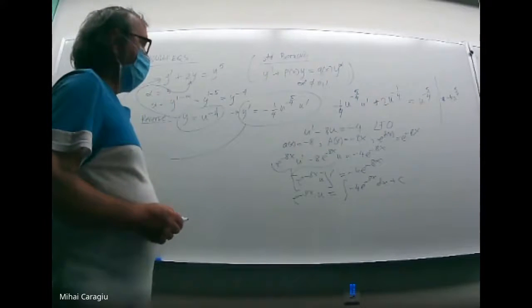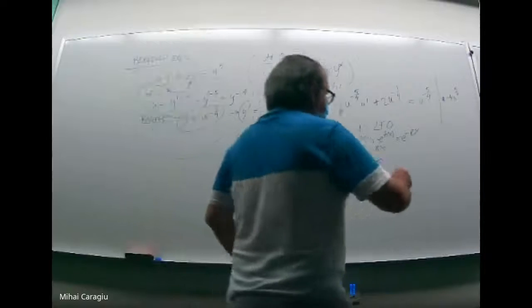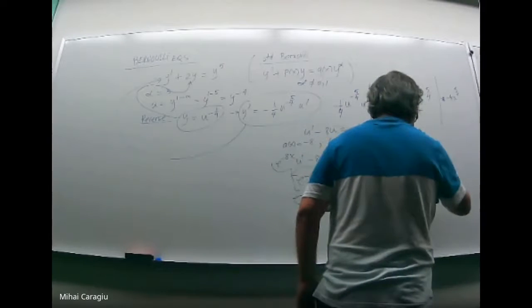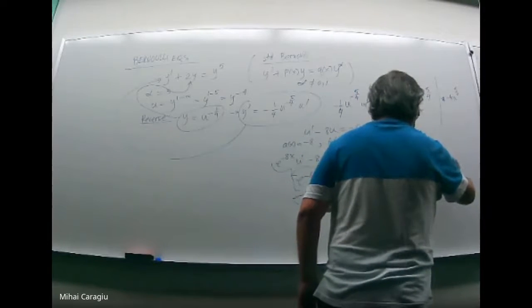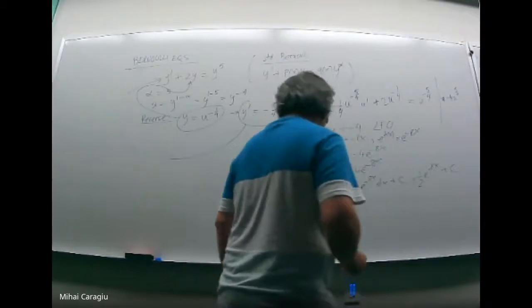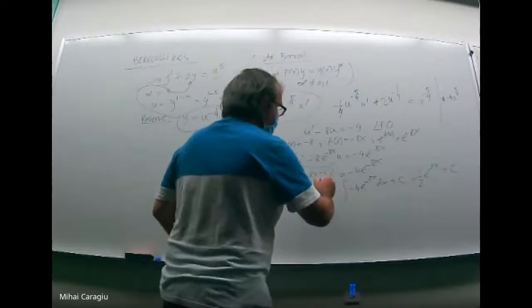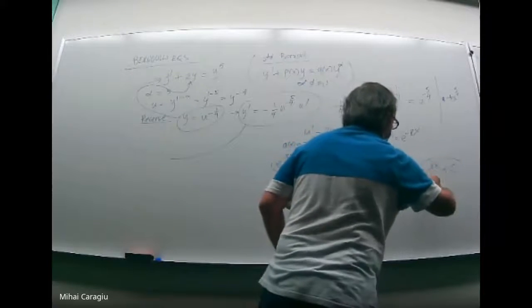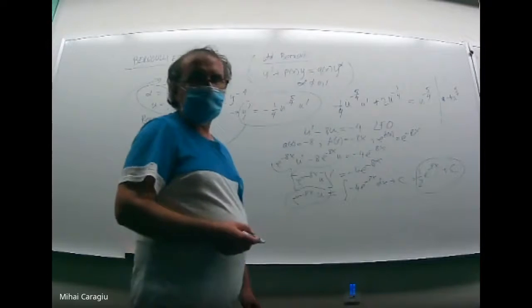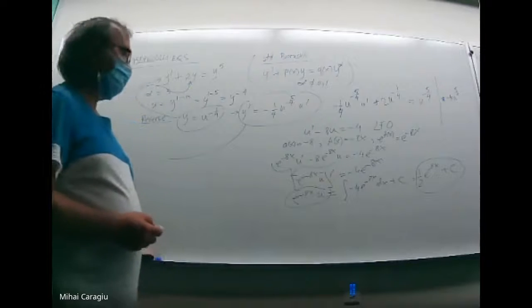So what will this be? It'll be 1/2 e to the minus 8x plus c. So e to the minus 8x times u equals 1/2 e to the minus 8x plus c.